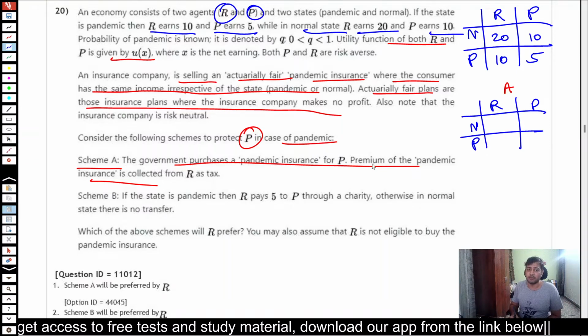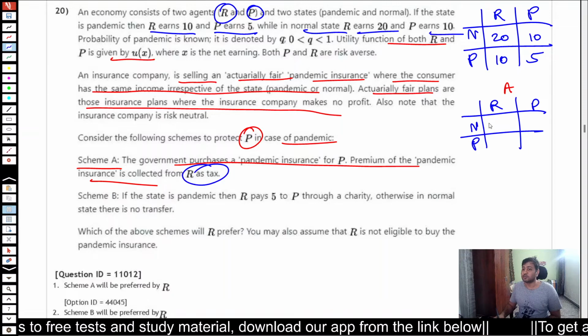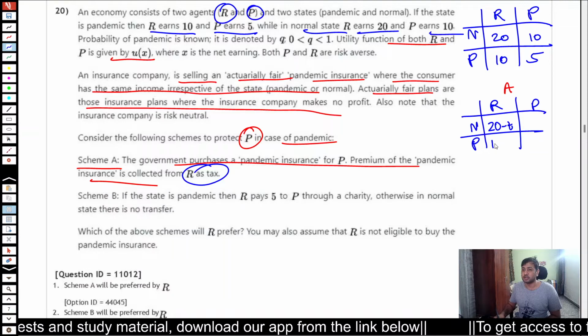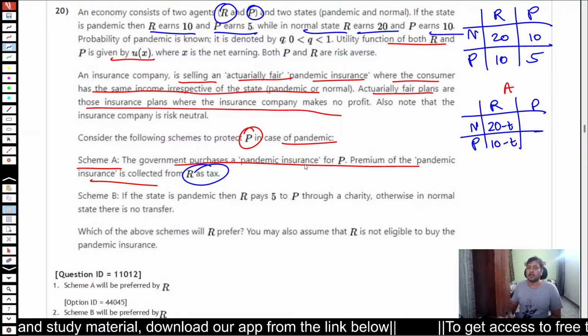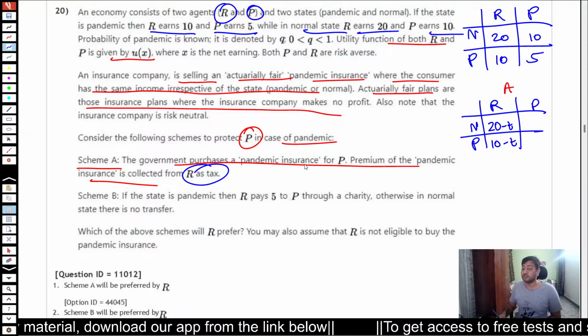So in scheme A, the government is taxing the rich. Irrespective of what state he is in, he has to pay a tax. So 20 minus T and 10 minus T. And the poor person is being given an actually fair insurance.